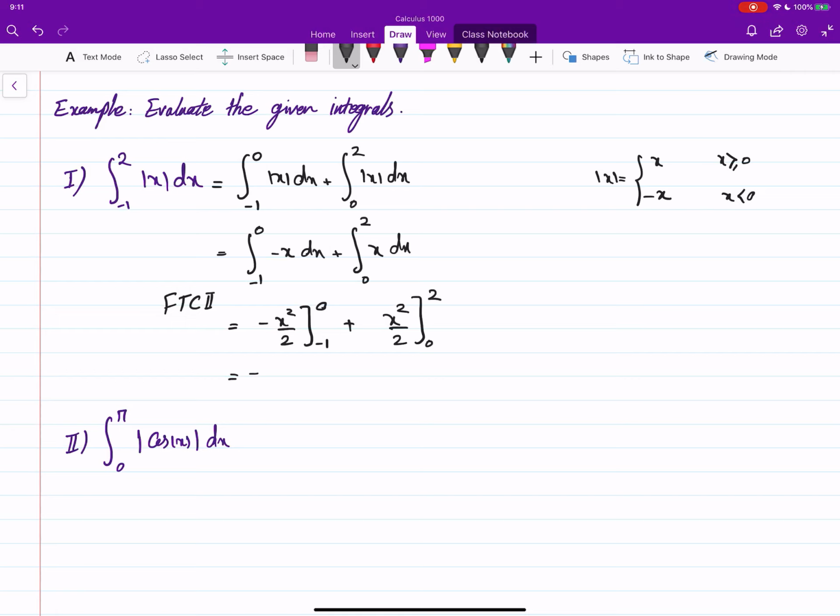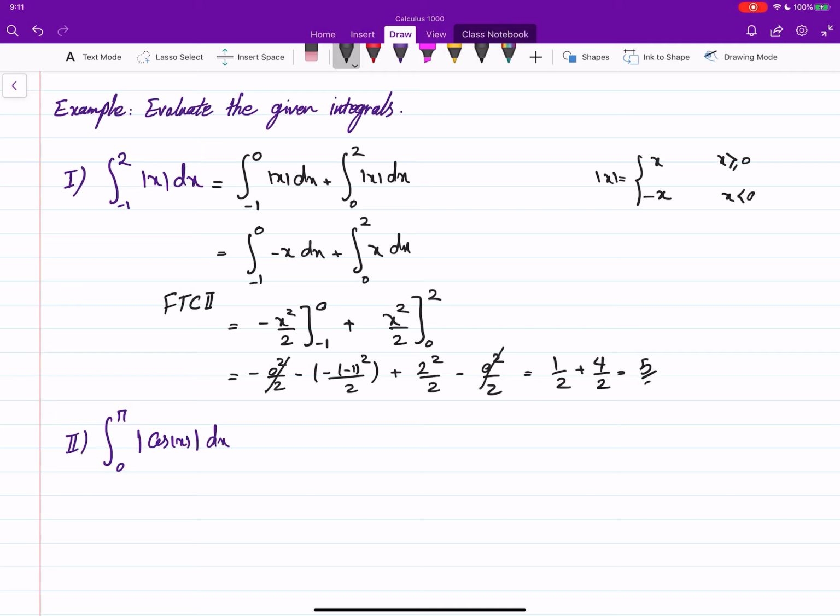This gives us -0 squared over 2 minus -1 squared over 2, plus 2 to the power 2 over 2 minus 0 squared over 2. So these two are 0. Here what we have is 1 over 2 plus 4 over 2, which altogether is 5 over 2.